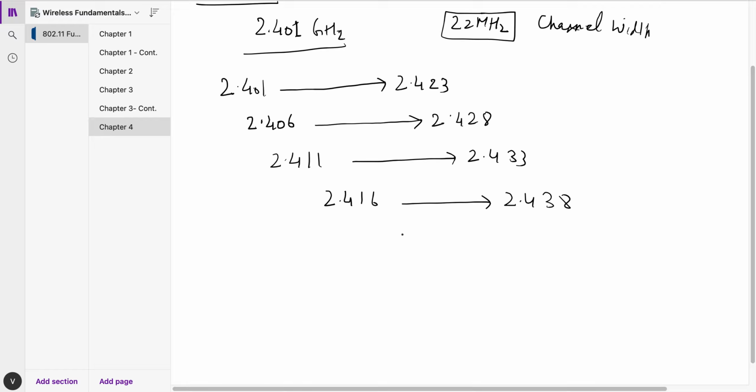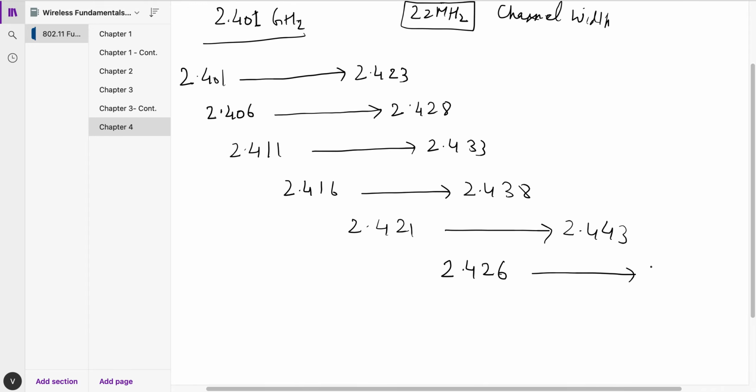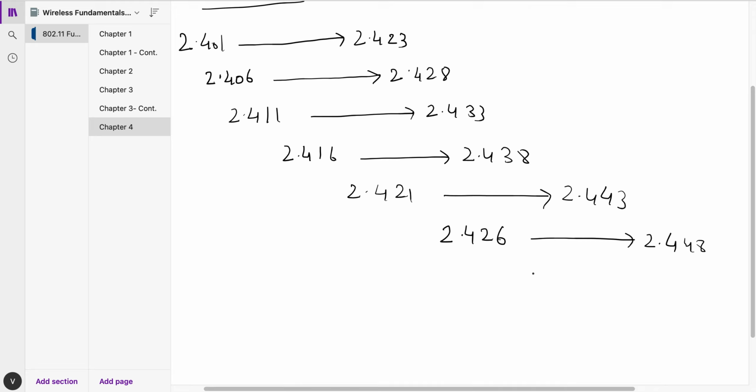starts from 2.421, goes to 2.443. Again 5 megahertz added, 2.426 goes to 2.448.